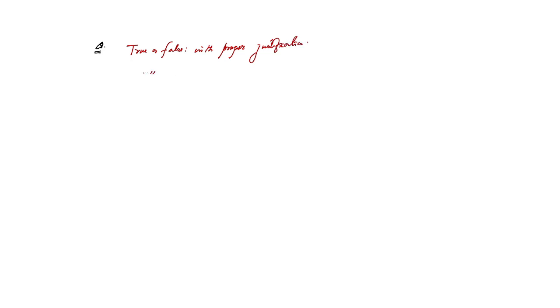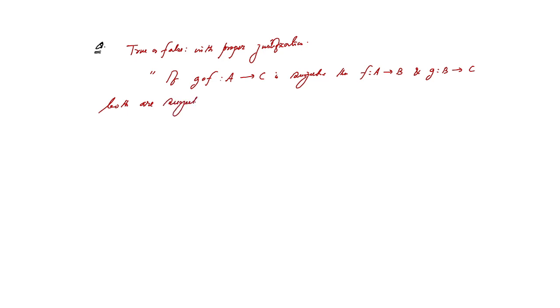The question is: if g composed f from A to C is surjective, then f from A to B and g from B to C are both surjective.